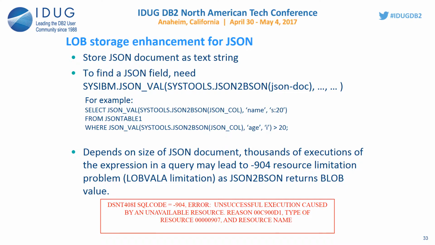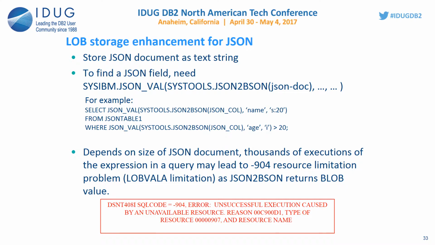But this UDF, JSON_TO_BSON, is producing a LOB value. So if they have a lot of these in your table, tons or millions of rows, and each JSON document is large, it will easily run into your storage problem because it hits the limitation of the LOB storage.